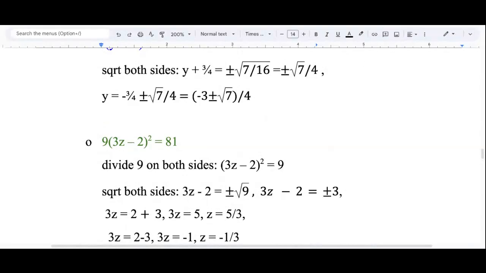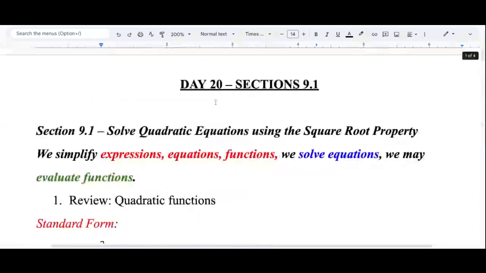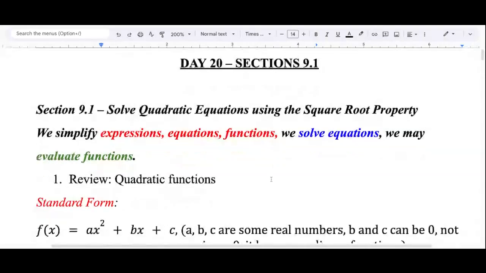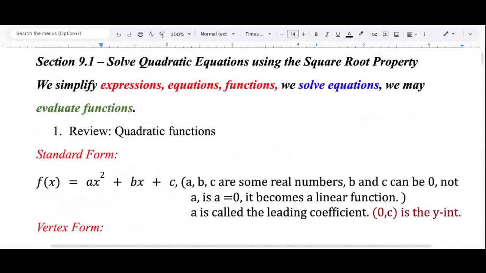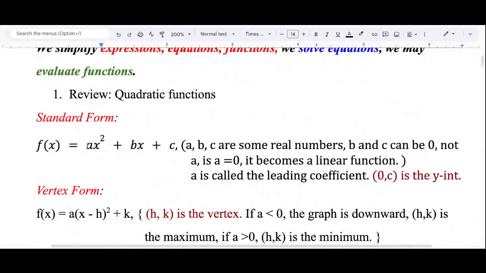I think the quadratic formula is probably the most useful one. For those of you who are late, that's today's material, which is in chapter 9, section 1.